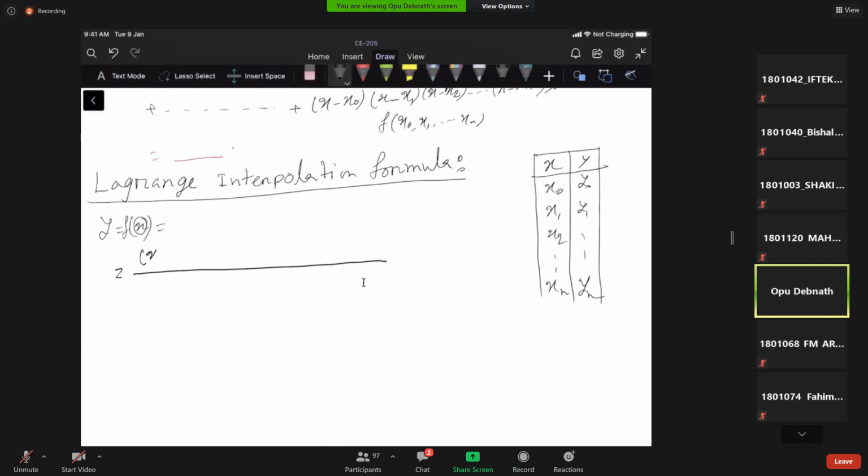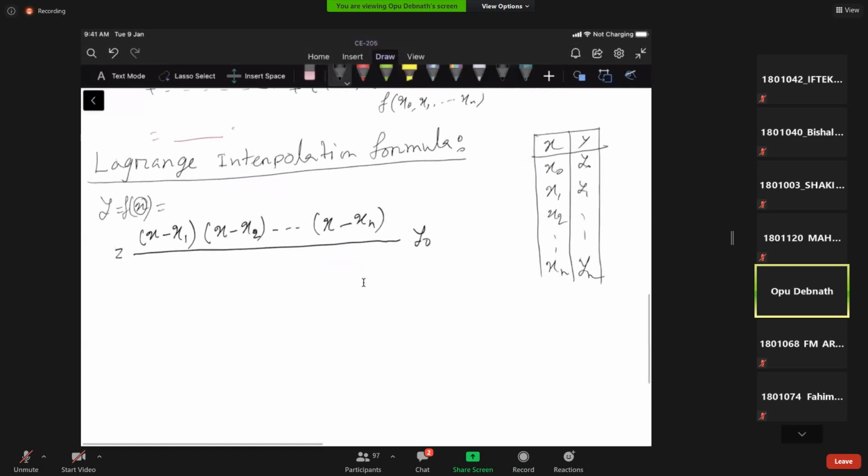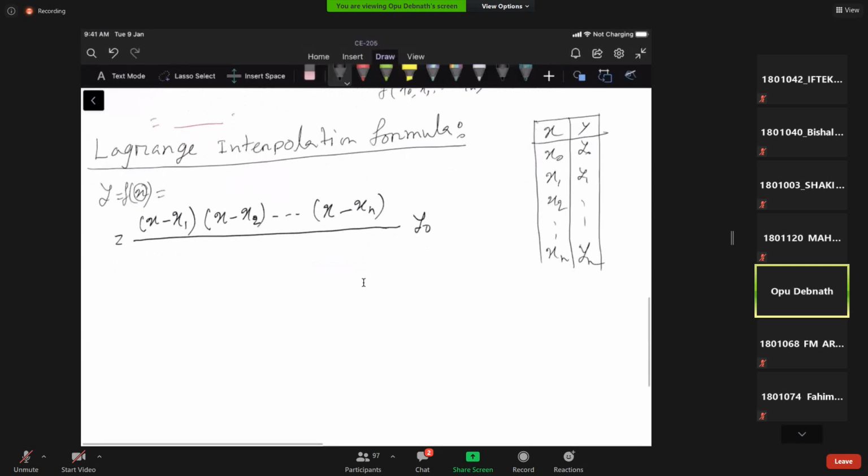The first term will be x minus x1, multiplied by x minus x2, going up to x minus xn. Here x is known, the point for which you are calculating a value, and multiplied by y0. This is your first term of the equation.